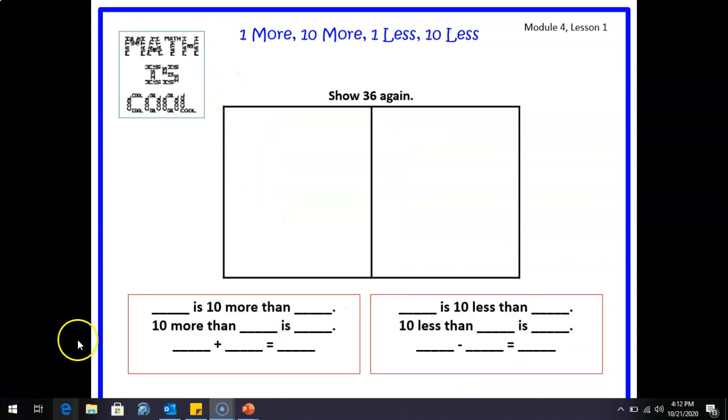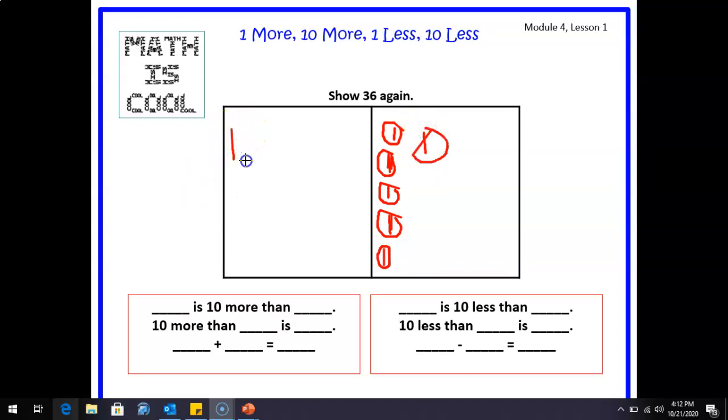I'm going to show you 36. 36 has 6 ones. 1 one, 2 ones, 3 ones, 4 ones, 5 ones, 6 ones.